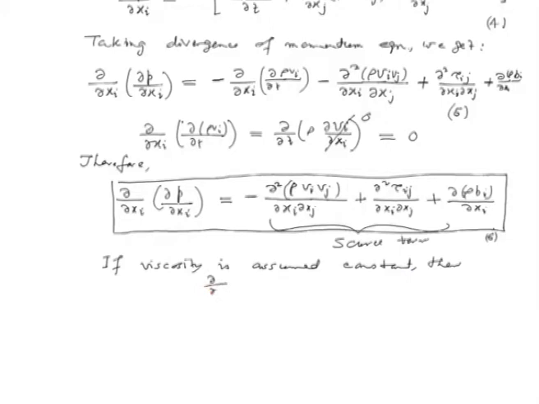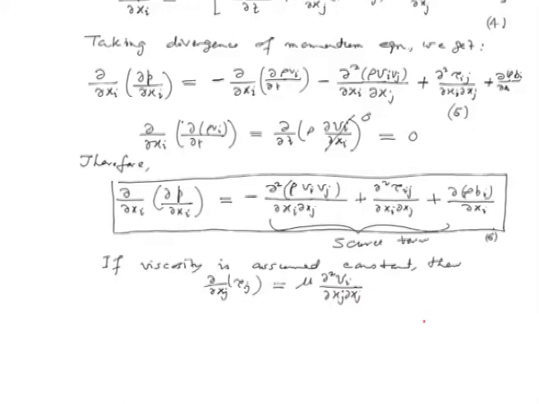Then del over del x j of tau i j reduces to mu times del 2 V i over del x j del x j.